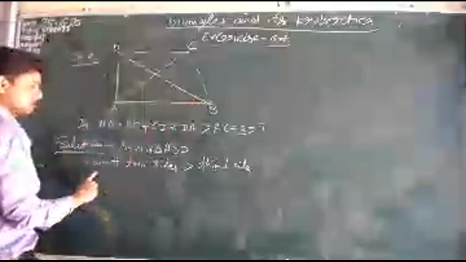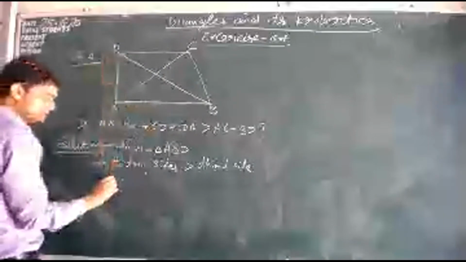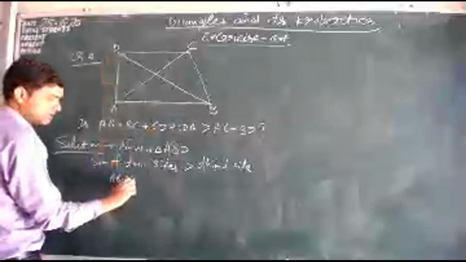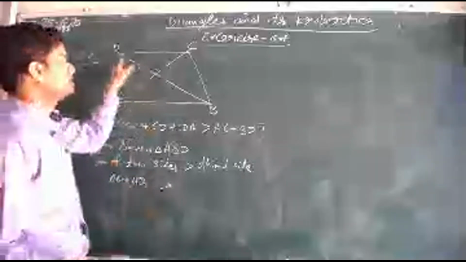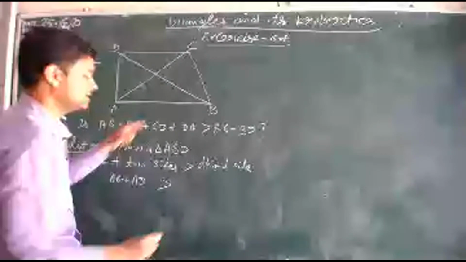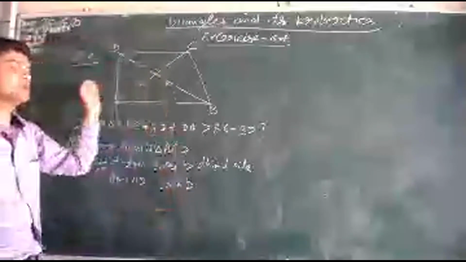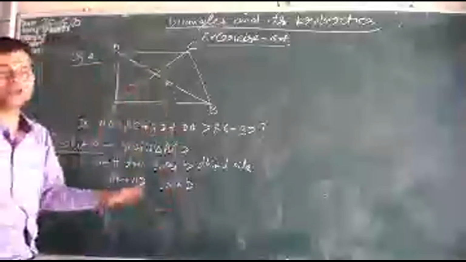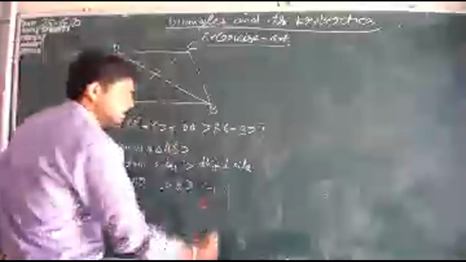It means the sum of two sides AB plus AD should be greater than the third side, that is BD. Understood? We keep the diagonal on one side and the other two sides on the other side. Okay, this is your first inequality.